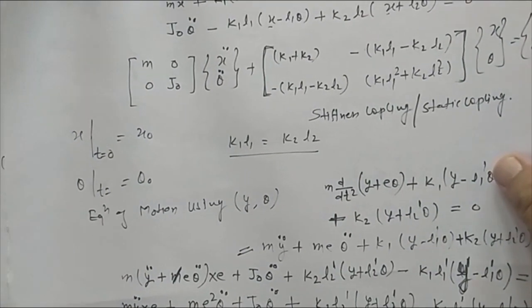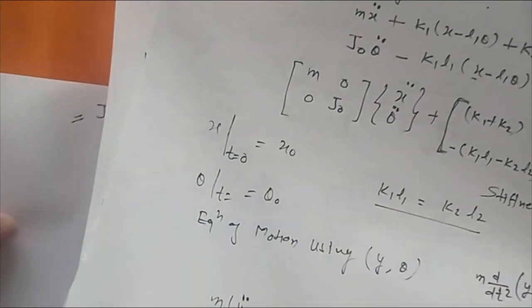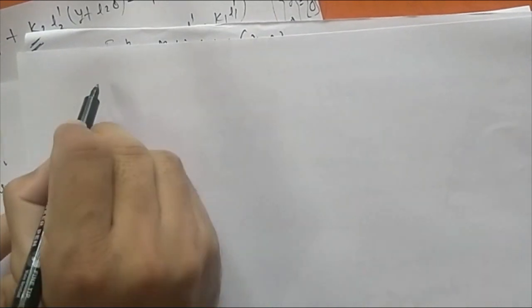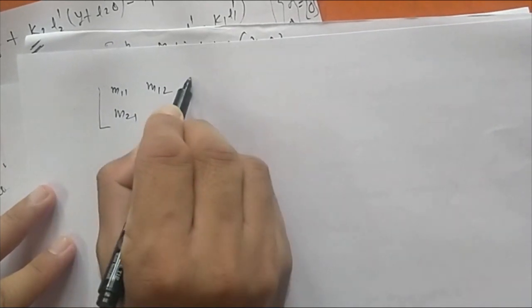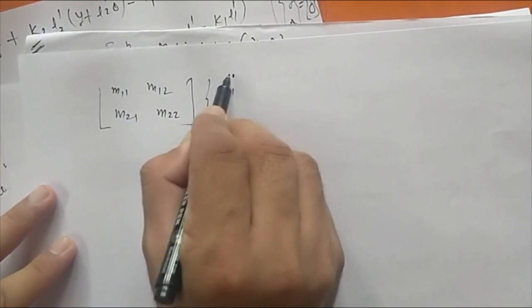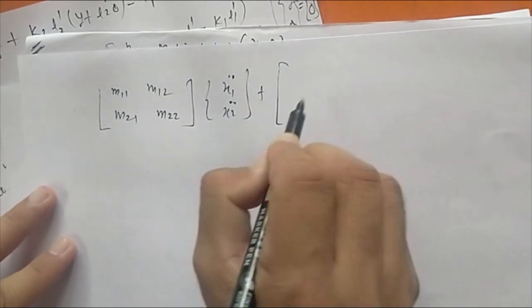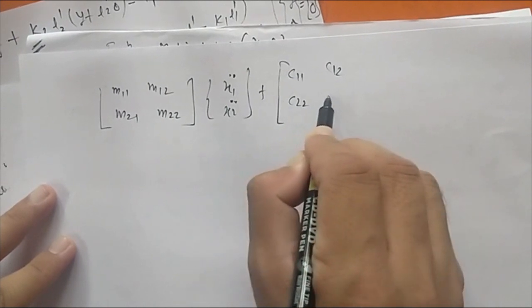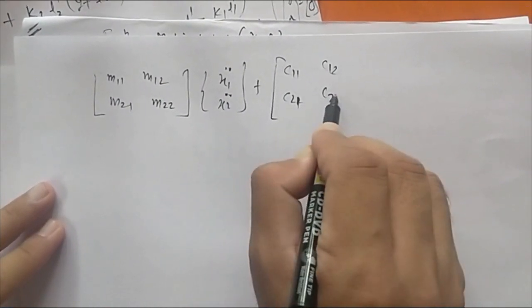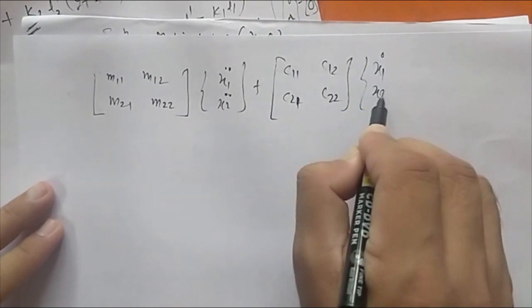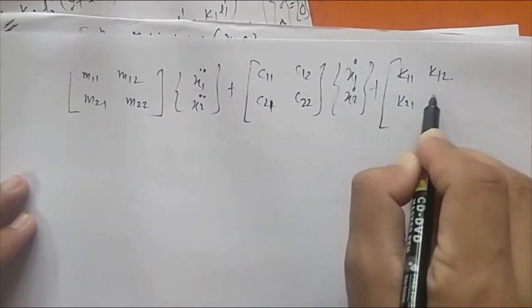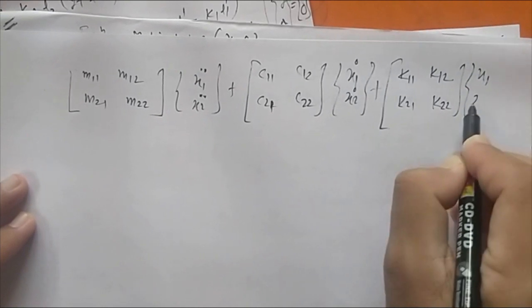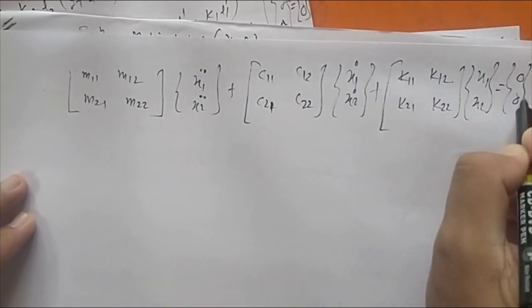So we take the generalized case. The generalized equation of a 2 degree of freedom system is written as m11, m12, m21, m22, x1 double dot, x2 double dot, plus c11, c12, c21, c22, and this is x1 dot, x2 dot, plus stiffness k11, k12, k21, k22, and this is x1 and x2, is equal to 0 and 0.